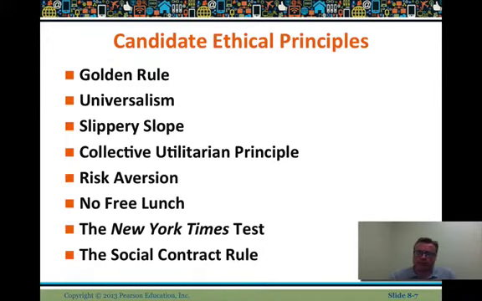A collective utilitarian principle takes the idea that you take action that achieves the greater value for all society. This rule assumes that you can prioritize values and rank them in order and understand the consequences of various courses of action. So hard to do, but definitely an approach or a principle. A risk aversion principle is to take action that produces the least amount of harm or the least potential cost.